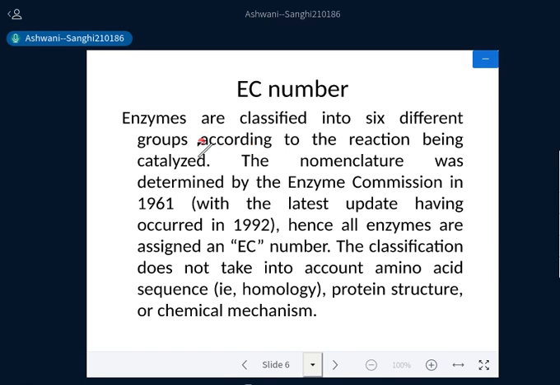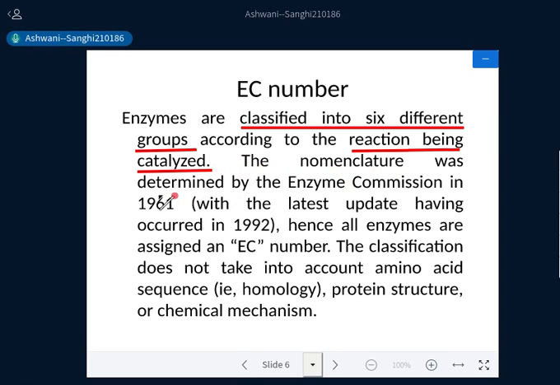The EC number, or Enzyme Commission number, also classifies enzymes into 6 different classes according to the type of reaction being catalyzed.